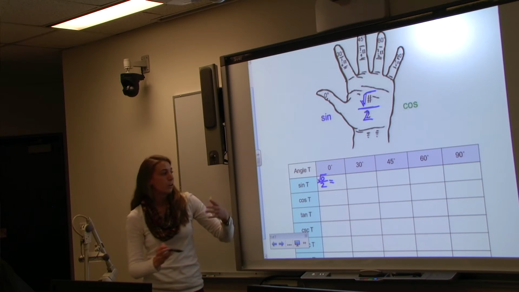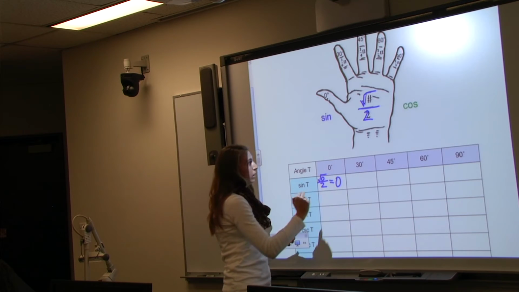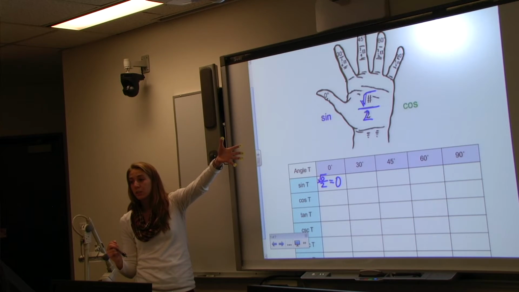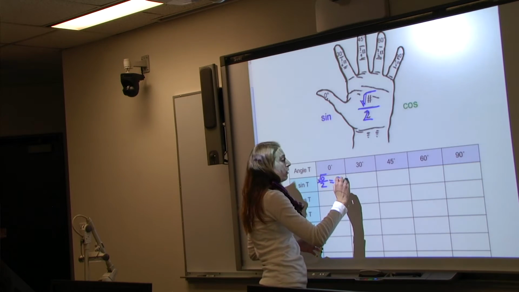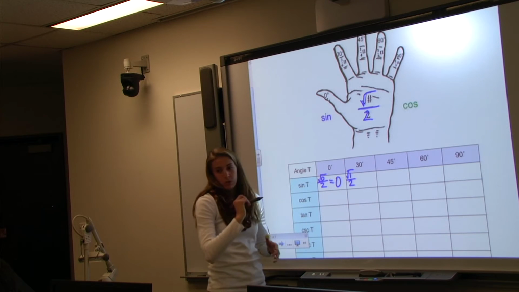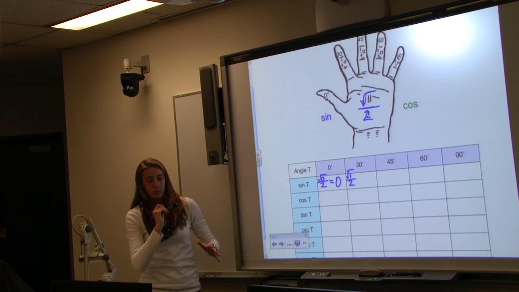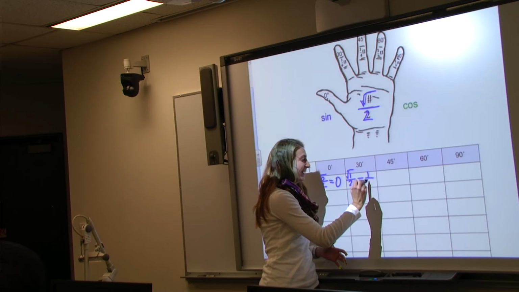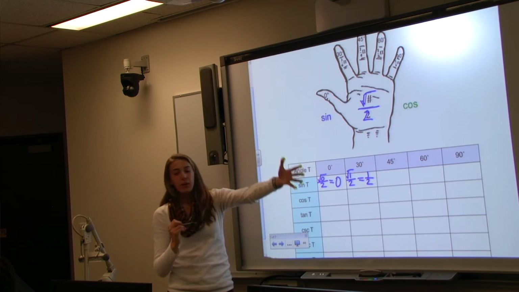0. Good. Now let's do 30. What number is 30 on? 1. So we have the square root of 1 over 2. Can we simplify that one? Oh, yeah. 1/2. Good. 45.